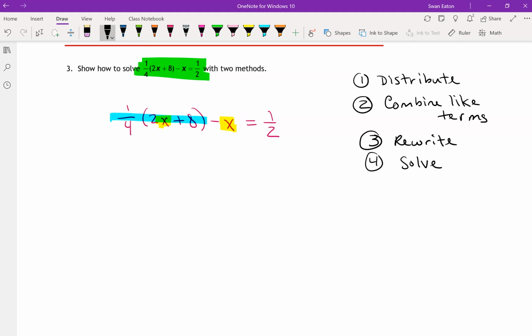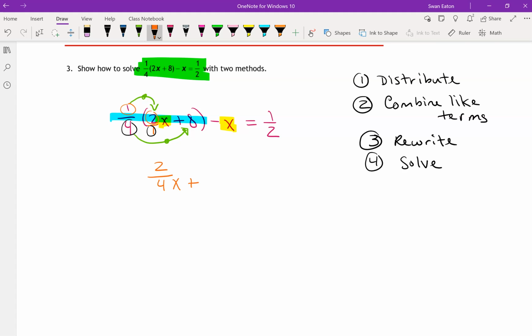So let's get busy. I'm going to do this so that I know that I am going to be distributing. So 1/2 times, if I made that over 1, then I would just multiply straight across. So that would be 1 times 2, which is 2. And then my next one would be 4 times 1, which would be 4, and I've got to bring down my x, plus, now I have to do 1/4 times 8.